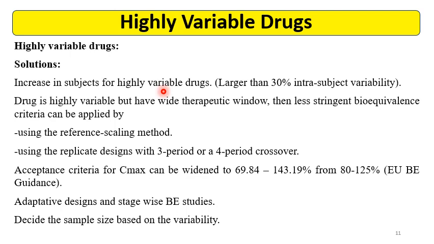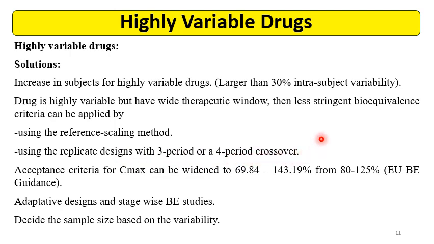Otherwise, that will not be considered as a highly variable drug. If drugs are considered highly variable but have a wide therapeutic window, then less stringent bioequivalence criteria can be applied by using the reference scaling method, also by using the replicate design with 3-period or 4-period crossover.